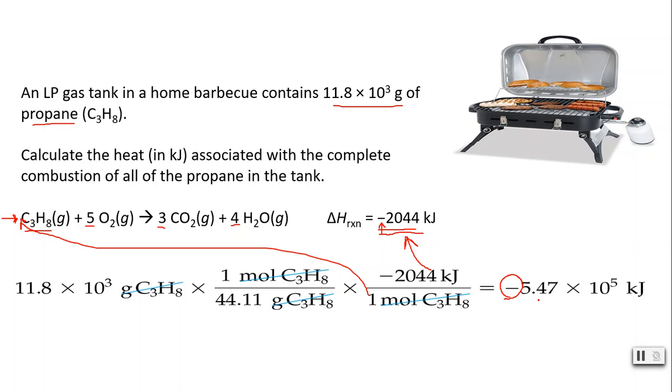I have lost this amount of kilojoules of heat. So, stoichiometry makes use of not only the coefficients of the balanced chemical equation, but you can also use any heat that is associated with the reaction to do stoichiometry problems.